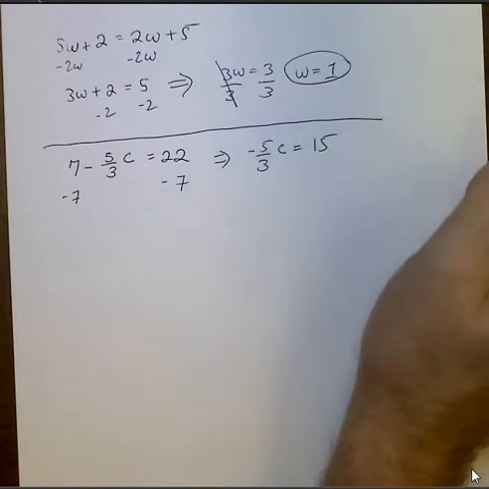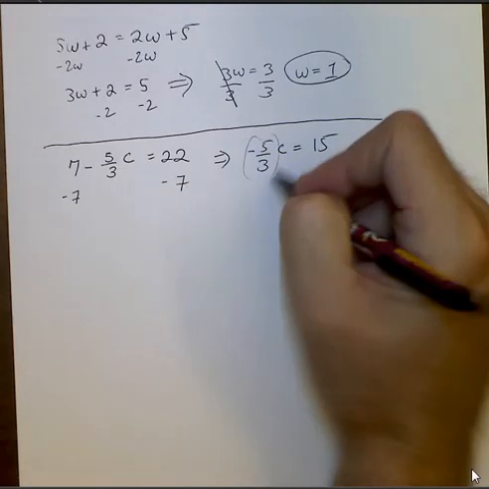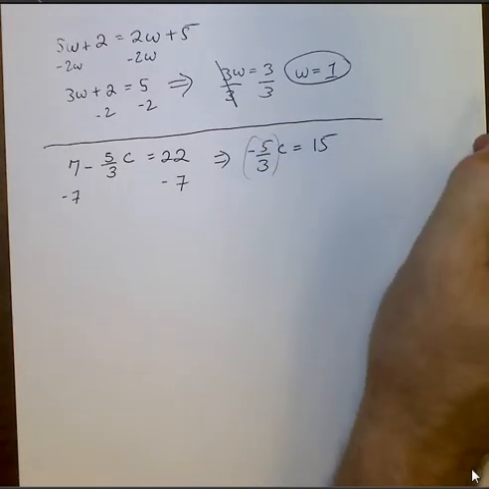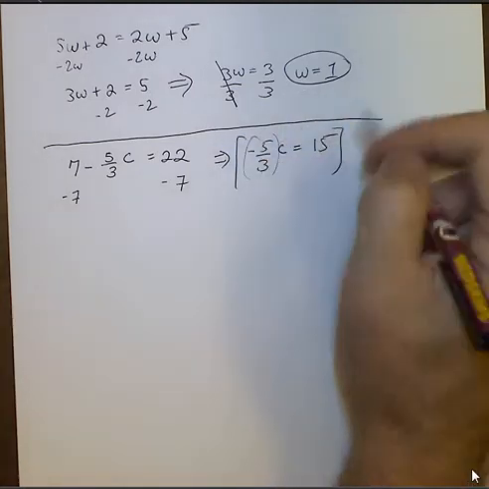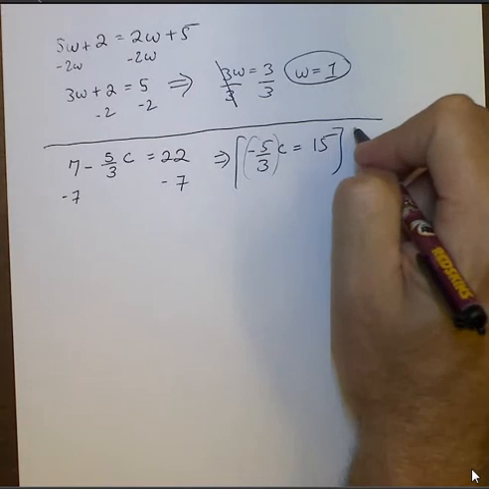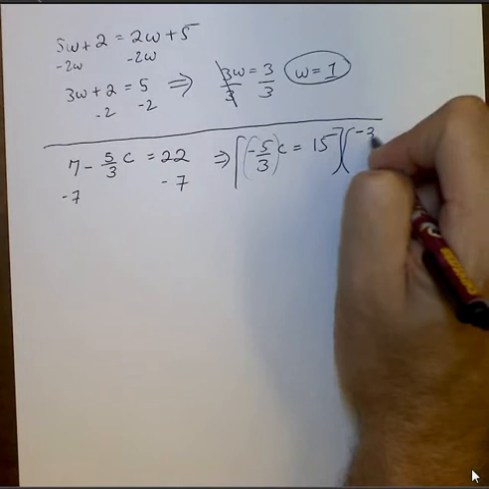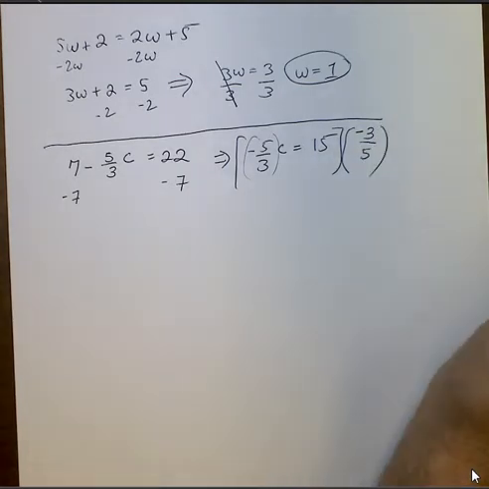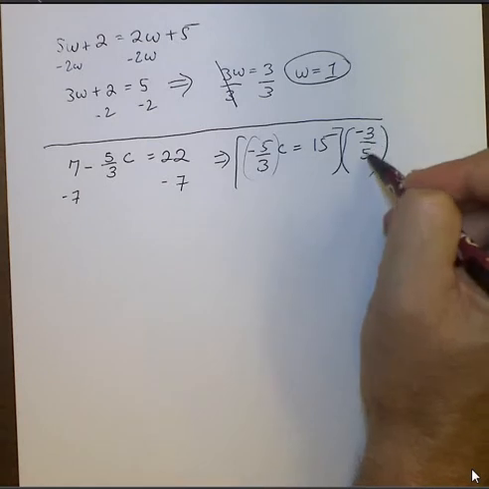Now there are two ways to isolate c, and the way that I recommend is you multiply both sides by the reciprocal. If negative 5/3 is our fraction attached to the variable c, the way we get rid of it is we multiply both sides by negative 3 over 5. When I multiply negative 5/3 times negative 3/5, I get 1.